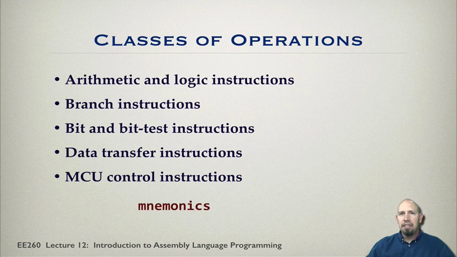There are various classes of operations. Just like with C, you have various kinds of operations. You have arithmetic, logic instructions. You have branch instructions. So with C, you have like if, this, then, or you have do while or case. You have branching instructions, bit and bit test instructions, data transfer instructions, microcontroller control instructions.